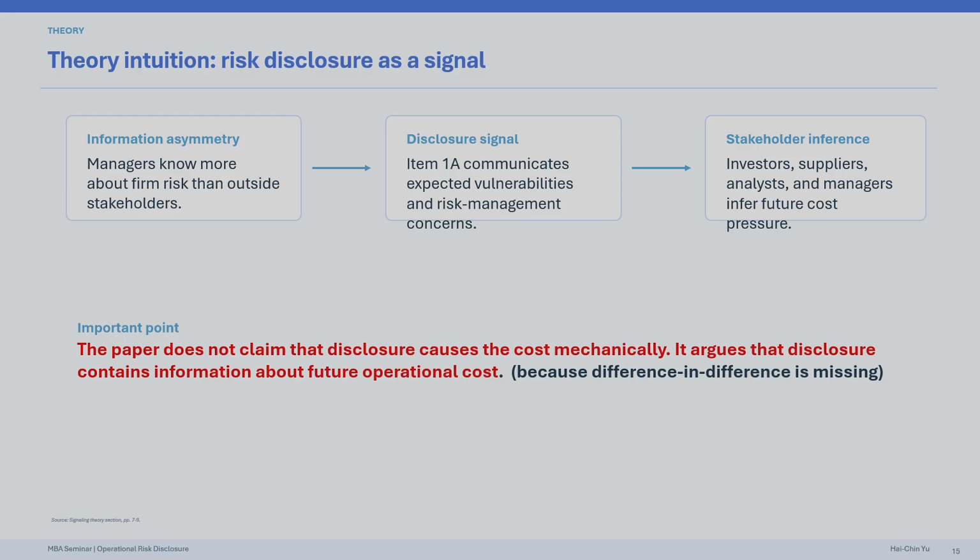The manager would like to communicate all this risk to outsiders. So investors, it means the stakeholders, inference is a supplier, analyst, they will infer all this to future cost pressure. They will change their target.